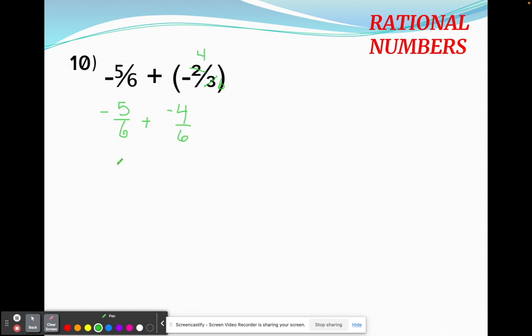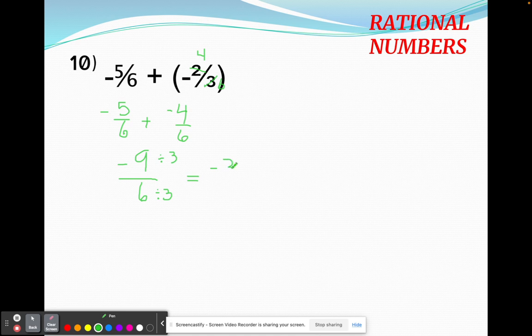I get negative 9, because remember, if the signs are the same, just add and keep the sign, over 6. Can I simplify that? I think I can. 3 goes into both of them, so if I divide both the numerator and denominator by 3, I get negative 3 over 2.